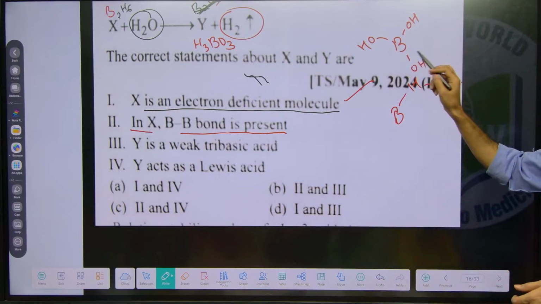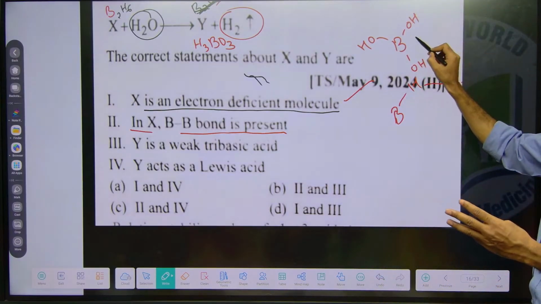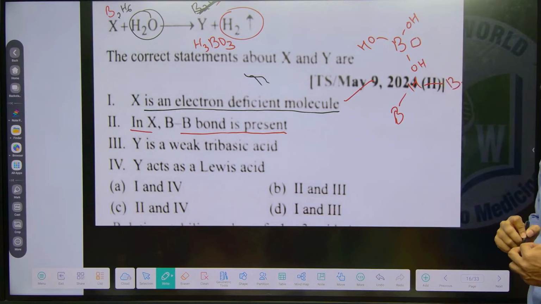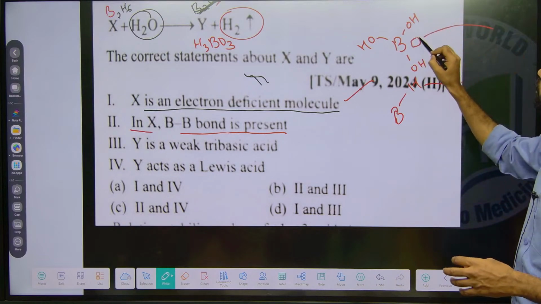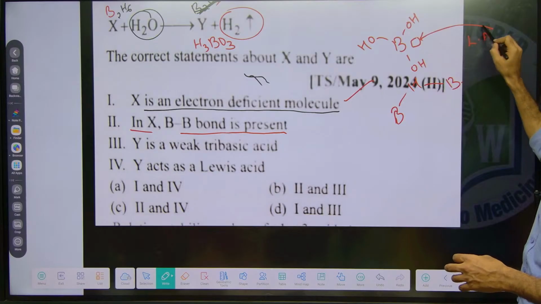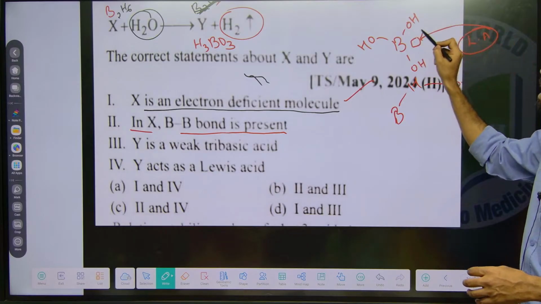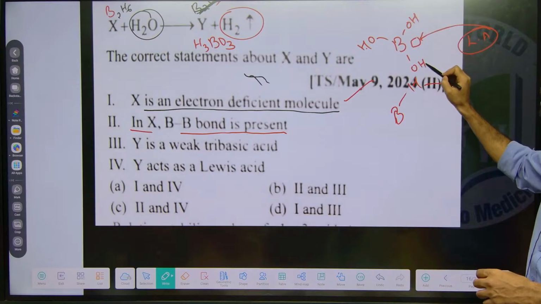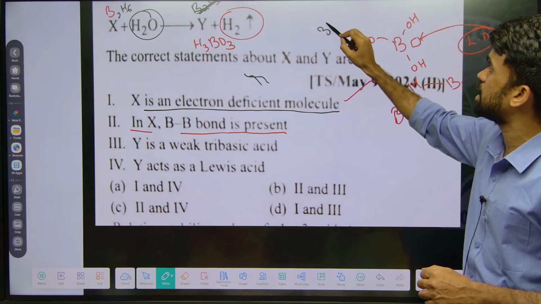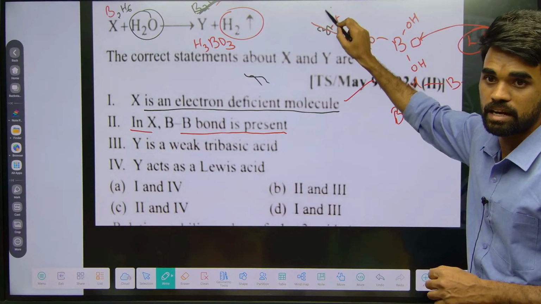How many bonds are around the boron? 3 bonds, so one vacant orbital is there. A vacant orbital means it acts as a Lewis acid. There are 3 protons, so can I say it releases 3 H plus ions? That is incorrect.